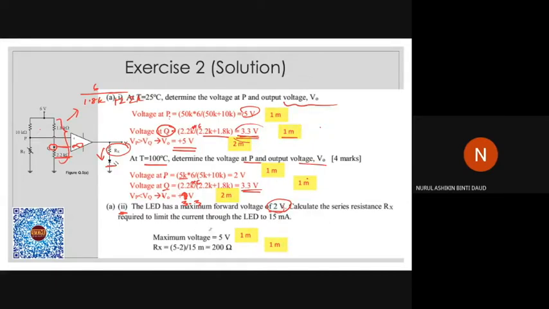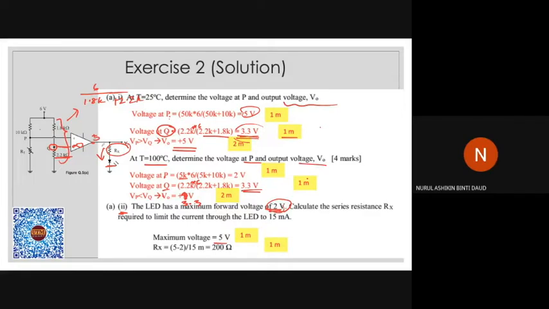So the maximum voltage of this comparator is 5 volts. Based on these two, the maximum voltage is 5 volts. So 5 volts minus 2 volts, because the maximum value that comes out here is 5.